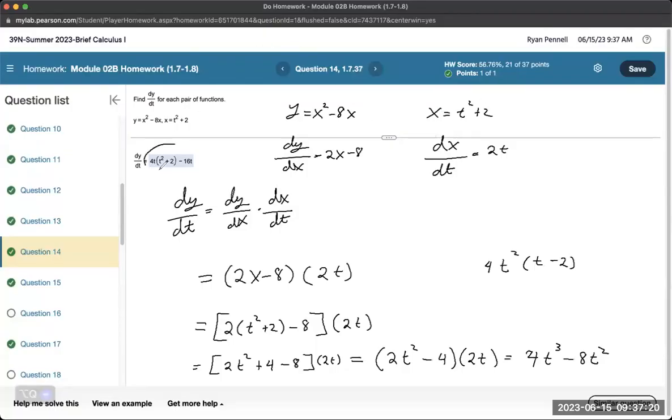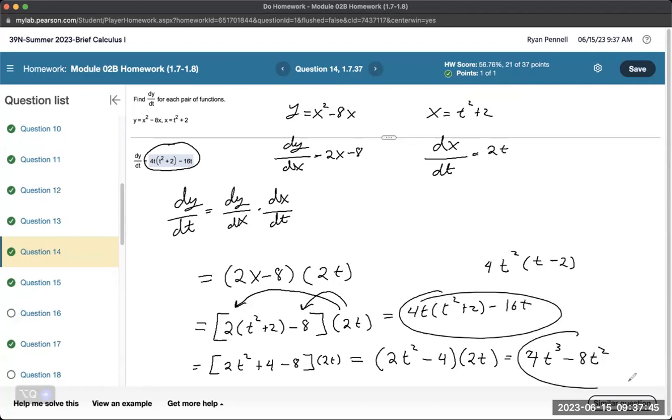It looks like the computer multiplied it right there, so that's how they got their version of the answer, but that's no problem. So that's 4t squared plus 2 minus 16t. They're all the same thing, but that can be kind of confusing when you're looking at it, so I thought I might mention it.